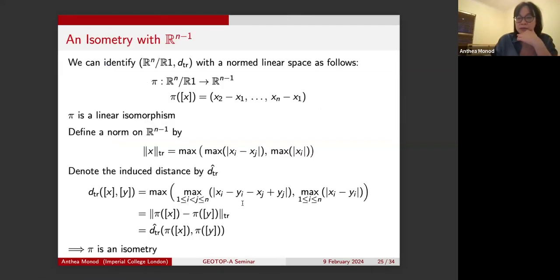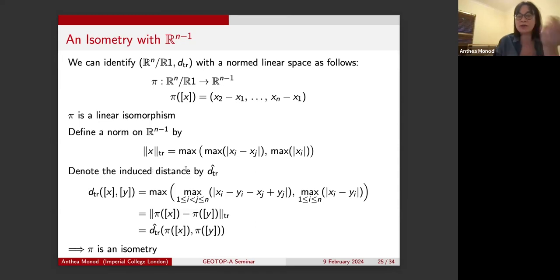We can also obtain an isometry with R^(n-1): we can identify the tropical projective torus equipped with the tropical metric with R^(n-1) by looking at this map pi here. We can embed it into R^(n-1), and it turns out to be a linear isomorphism, and you can define a norm in this way.